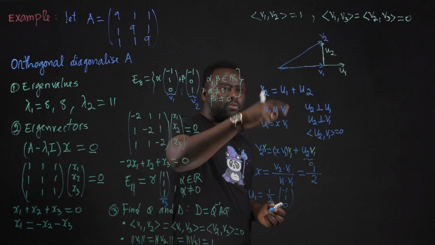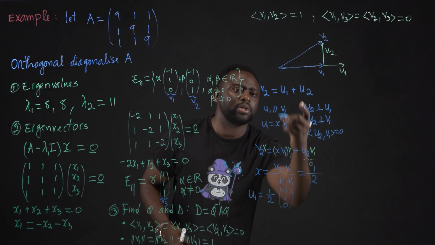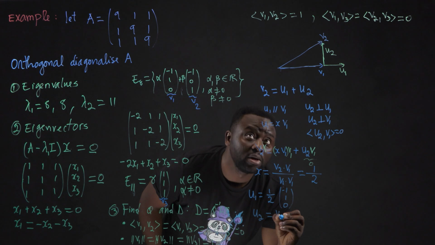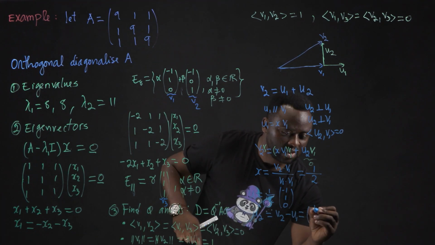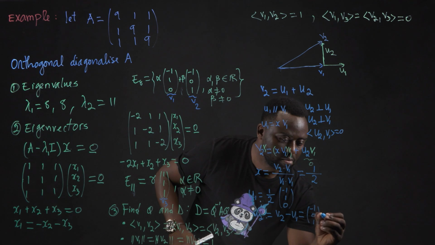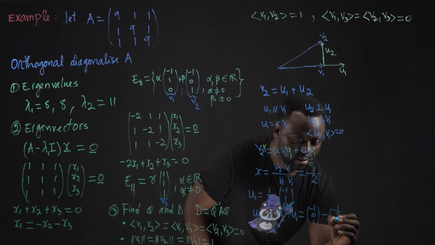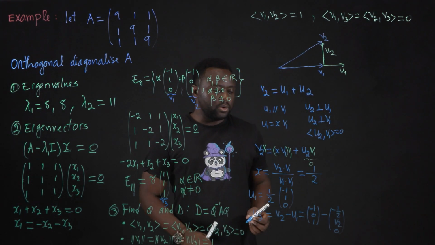Let's solve for U2. From this equation, U2 is just V2 minus U1. Minus 1, 0, 1, minus, this is minus half, half, and 0. All right.